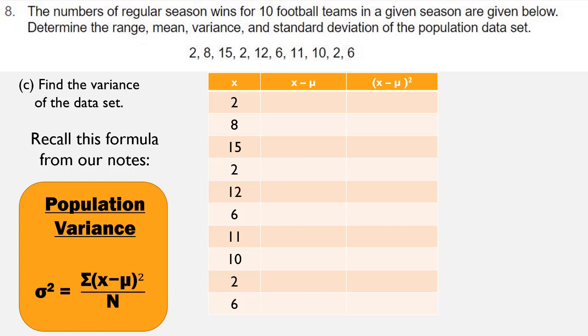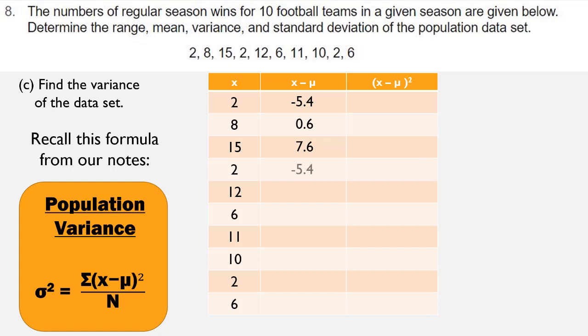So for the 2, we're subtracting the mean, which was 7.4, and 2 minus 7.4 is negative 5.4. We take the 8 and subtract 7.4, and that gives us 0.6. So for each of these data values, we're subtracting 7.4. For 15, we get 7.6.